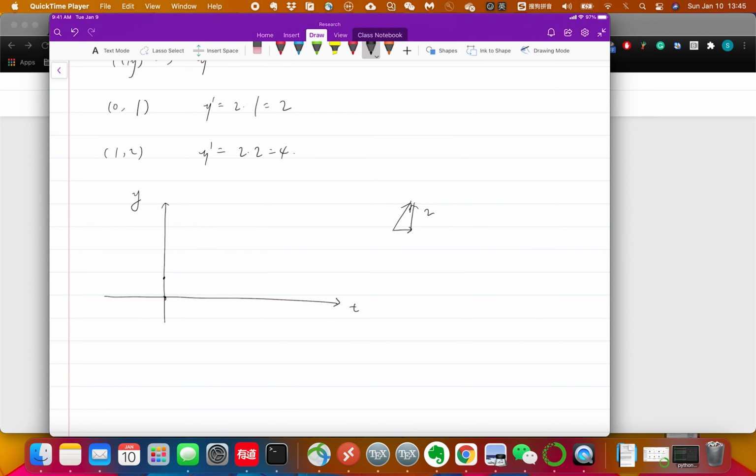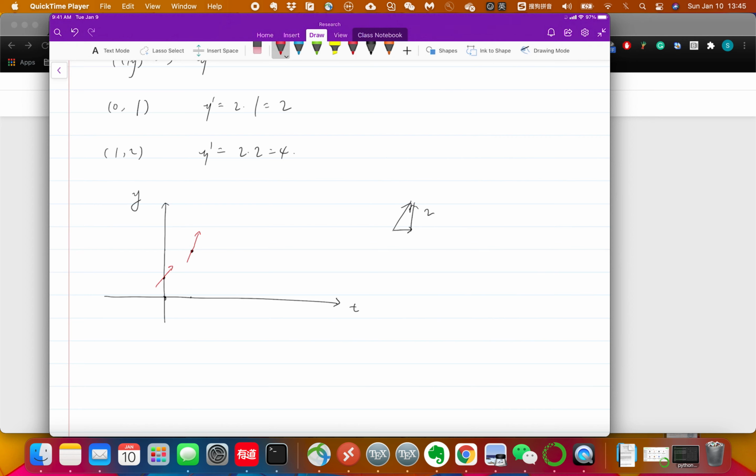So I will have this vector. That will be where my solution is pointing. The vector you're looking for is 1, 2 at point 0, 1. For 1, 2, which is here, the vector you're looking for is going to be 1, 4, because you have y prime equals 4. So you can easily draw a slope like that.